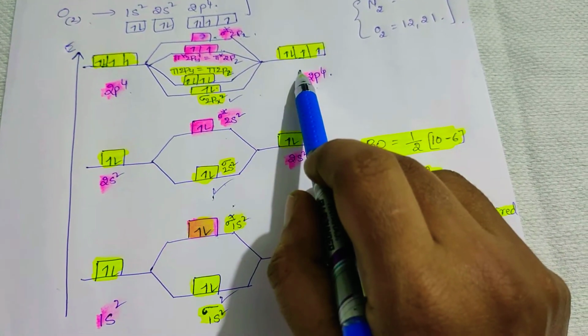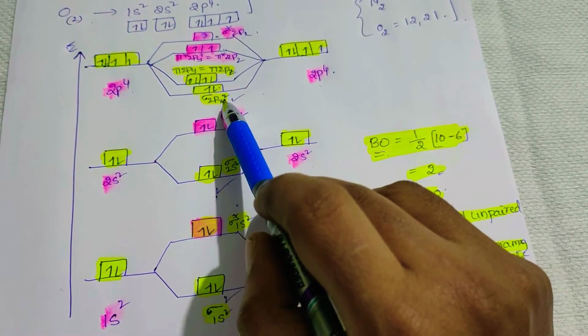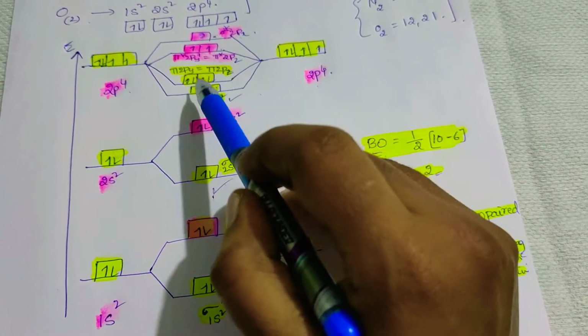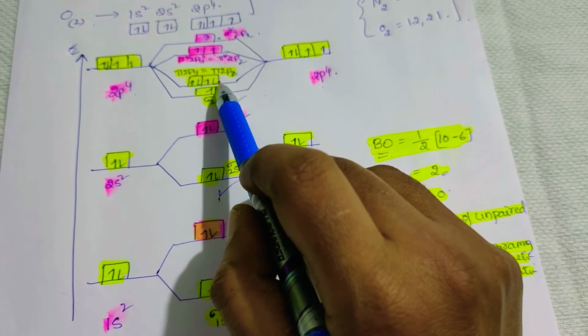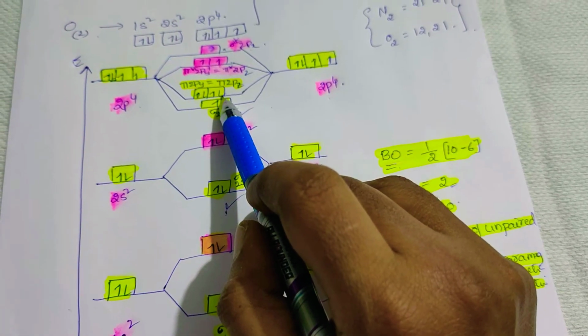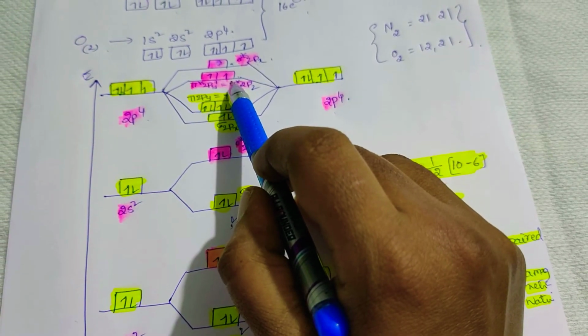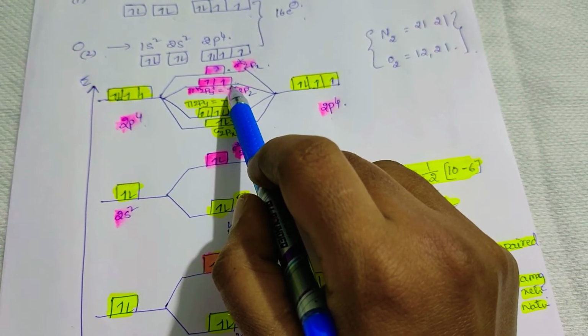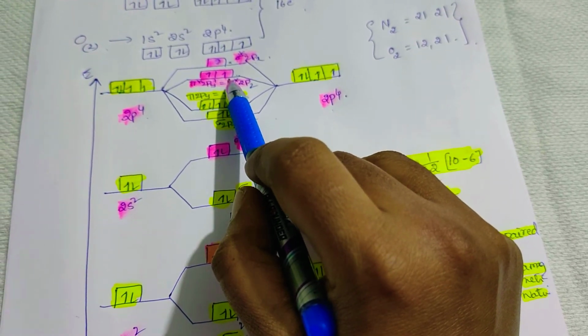This 4 plus 4, 8 electrons are filled in sigma 2px2, 2 electrons, then 3, 4, 5, 6. The remaining 2 electrons are filled in the anti-bonding molecular orbitals, so these are unpaired electrons.